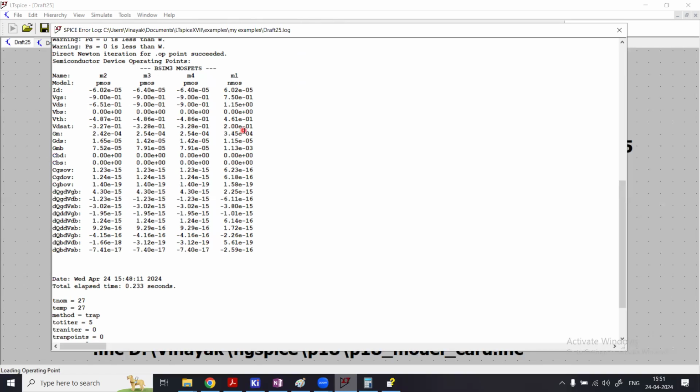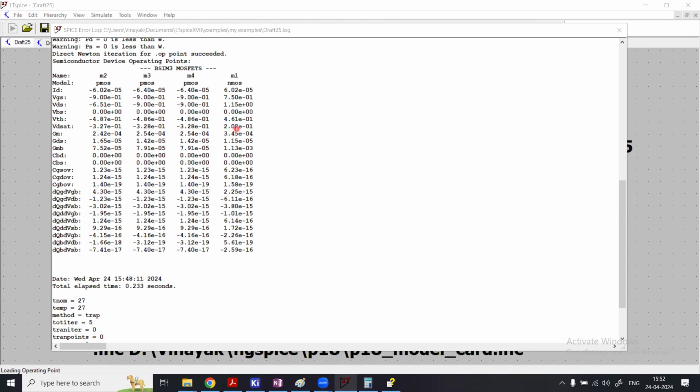VDSAT is how much? 0.2 volt actually, right? Let me check here. Yeah, so see VDSAT is 200 millivolt.